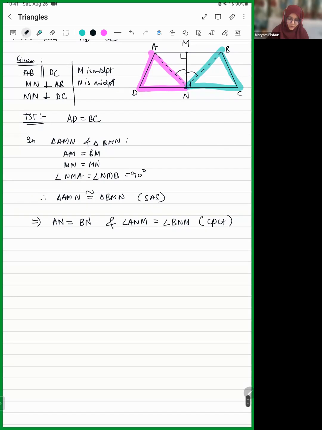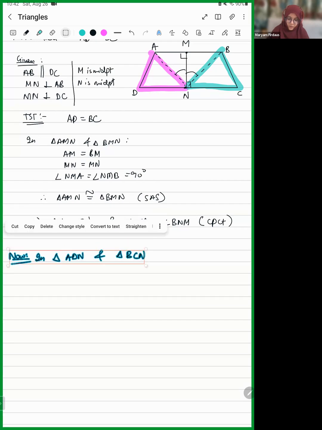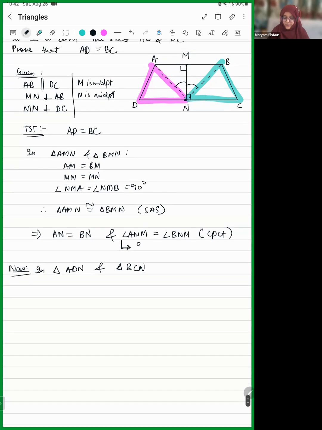Now let's look at triangle ADN and triangle BCN. Before we go to that, I want to write this here itself. Angle ANM equals angle BNM means that 90 degrees minus angle ANM is equal to 90 degrees minus angle BNM.